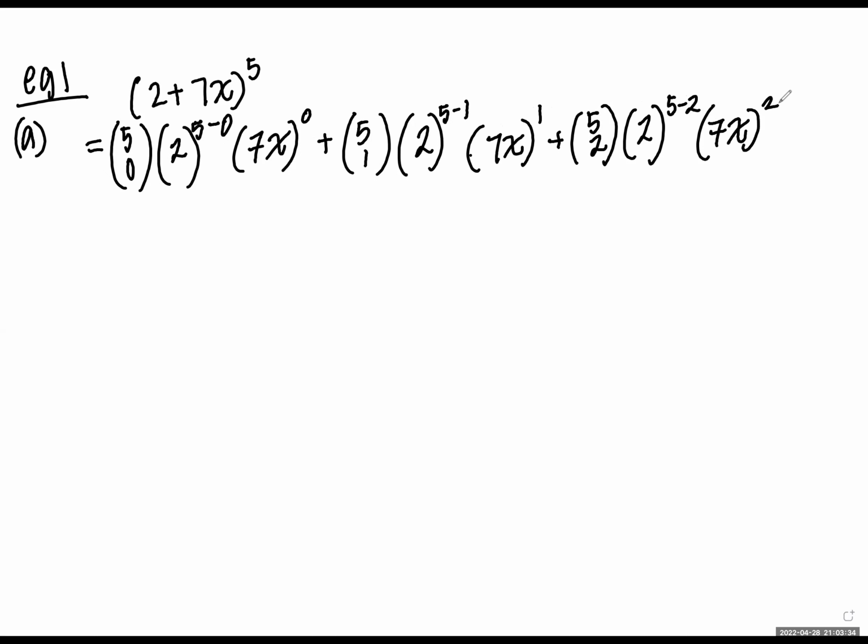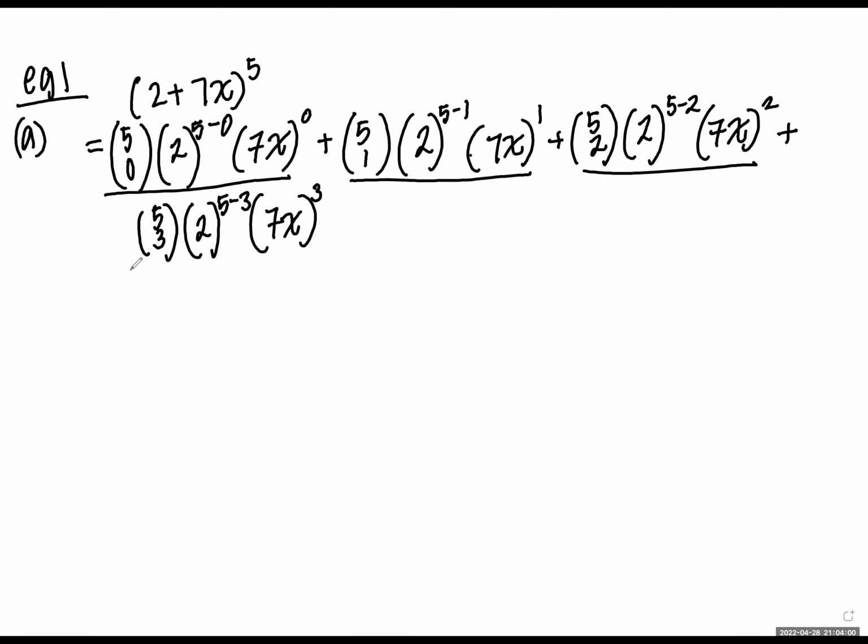Do we stop or do we continue? Continue. Open bracket 5 choose 3, close bracket, open bracket 2, close bracket, 5 minus 3, open bracket 7x, to the power of 3. Do we stop or do we continue? Stop, because we have 1 term, 2 terms, 3 terms, 4 terms.